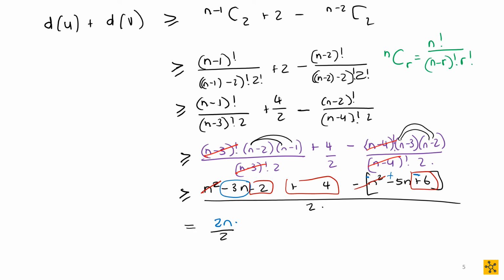We could have written all of this as equals, just by the way. And when we do this, that's equal to n. So we have that du plus dv is greater than or equal to n.